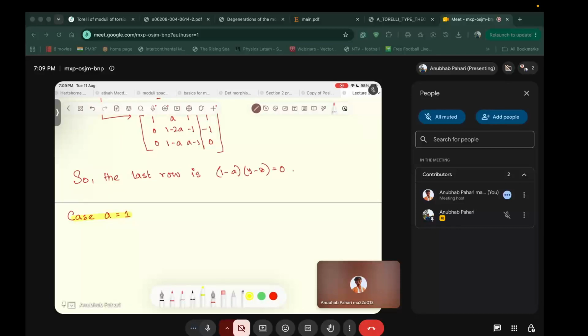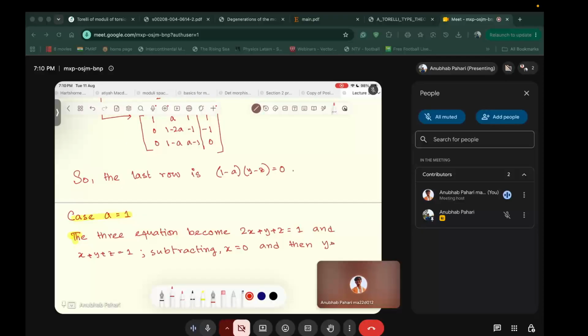The three equations become 2x plus y plus z equals 1, and x plus y plus z equals 1, and subtracting, x equals 0, and then y plus z equals 1.